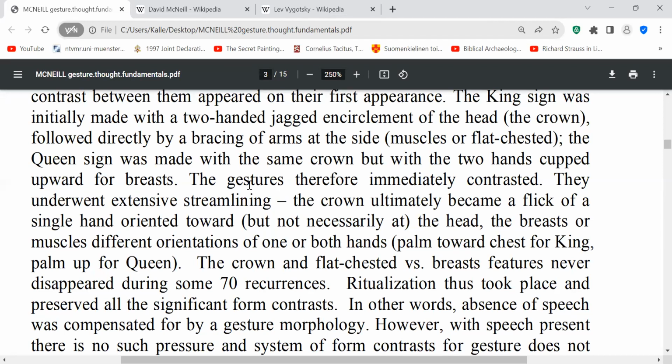The king sign was initially made with a two-handed jagged encirclement of the head, the crown, followed directly by a bracing of arms at the side.